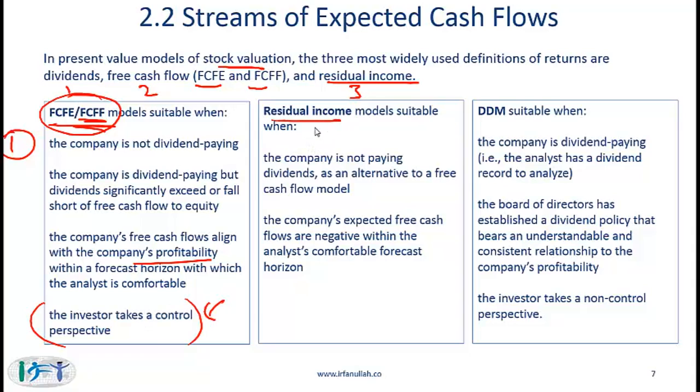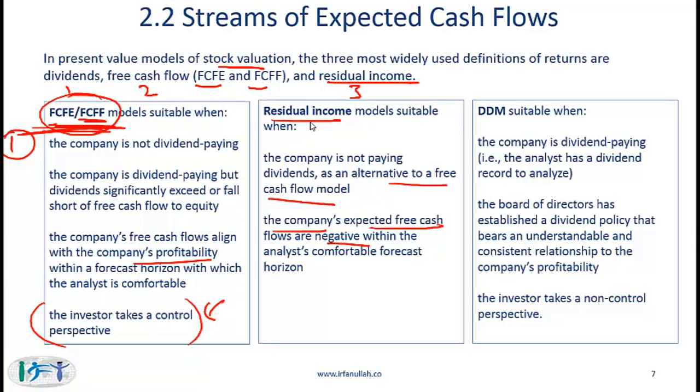Another category is the residual income model. This is suitable when the company is not paying dividends, which is similar to the earlier model, and this can be an alternative to the free cash flow model. You can also use this model if the company's expected free cash flows are negative within the analyst's comfortable forecast horizon.